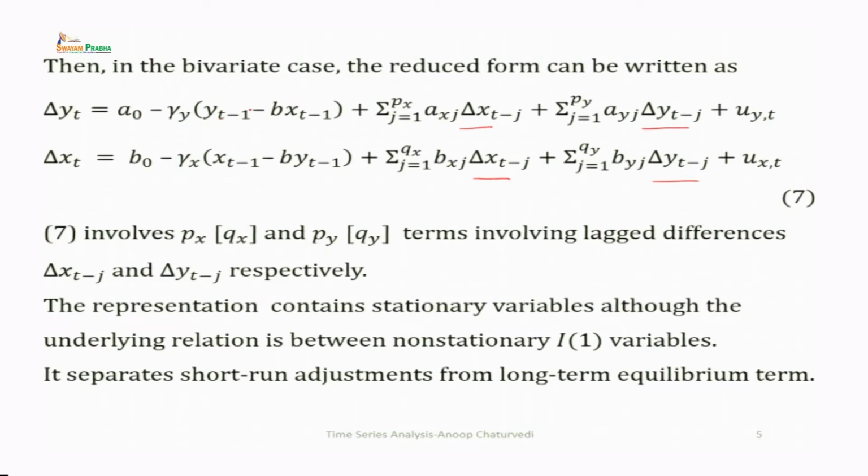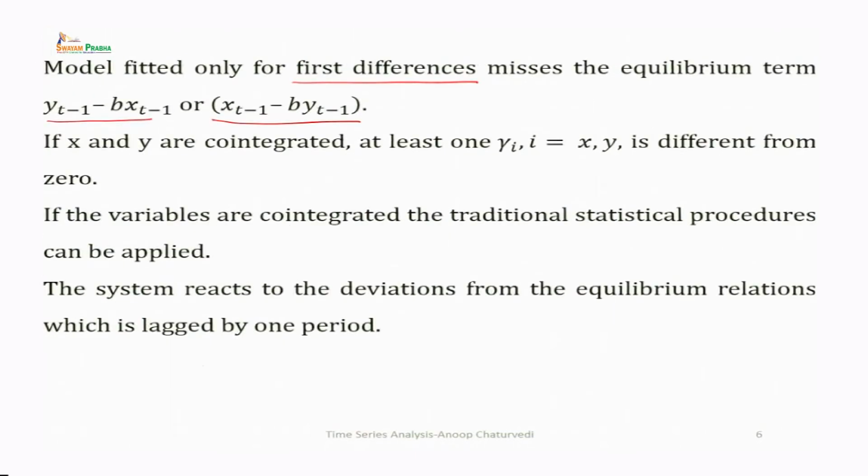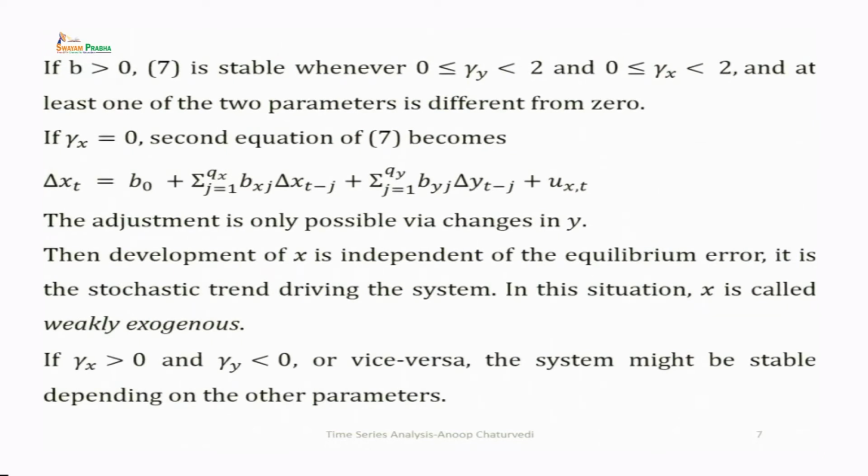And what is the condition for stationarity? 1 minus gamma y should lie between minus 1 and plus 1. 1 minus gamma y less than 1 and greater than minus 1, and this implies that from here you obtain gamma y is greater than 0 and gamma y is less than 2.